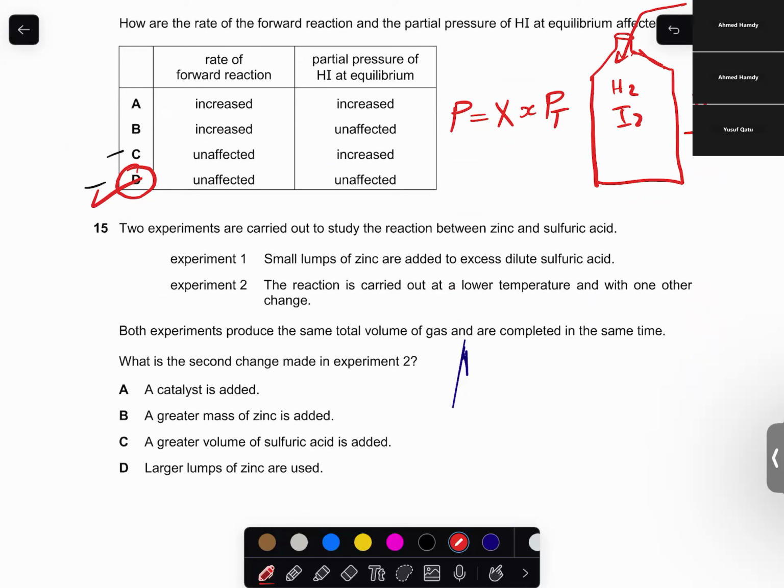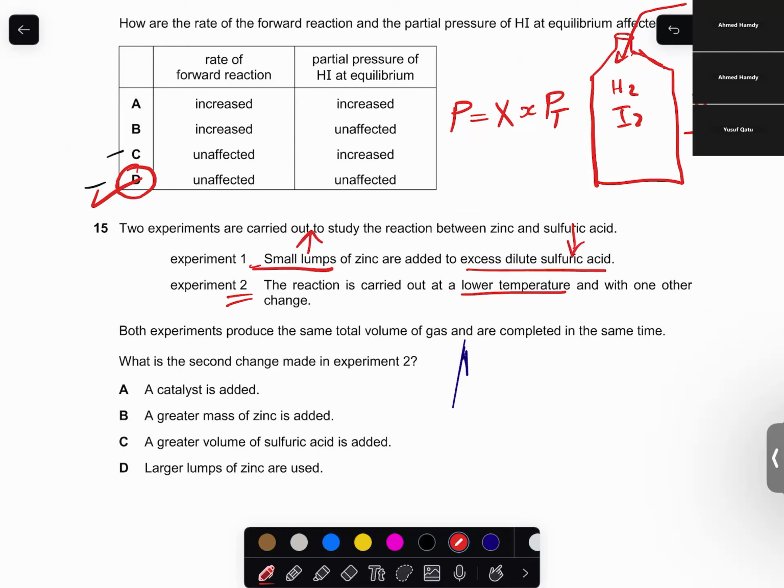The two experiments are carried out to study the reaction between zinc and sulfuric acid. Experiment number 1, small lumps of zinc added to excess dilute sulfuric acid. The reaction is carried out at lower temperature. Experiment number 2, the reaction is carried out at lower temperature, so the reaction here is slow. By the way, here I have two factors, a factor that increases the rate and a factor that decreases the rate.